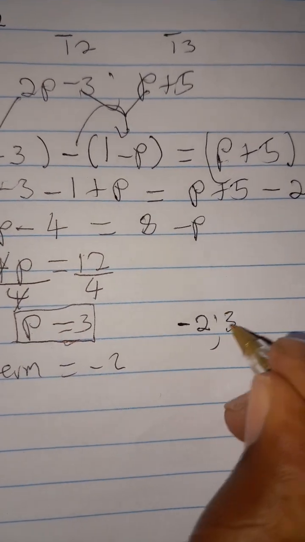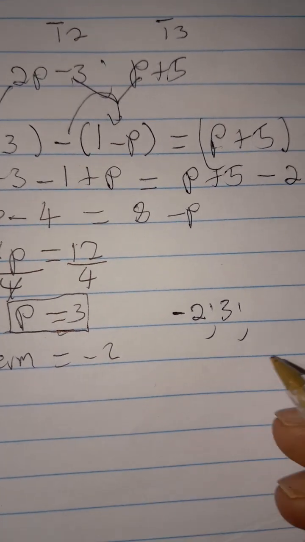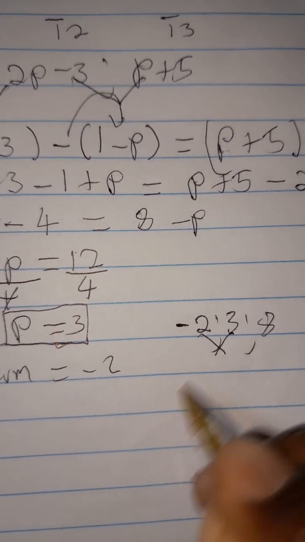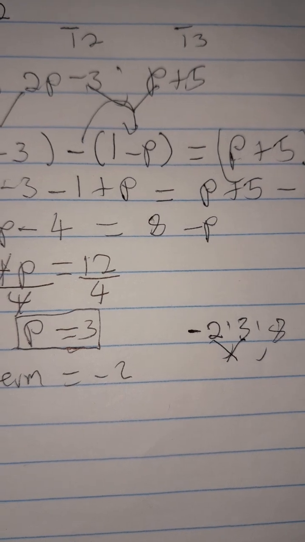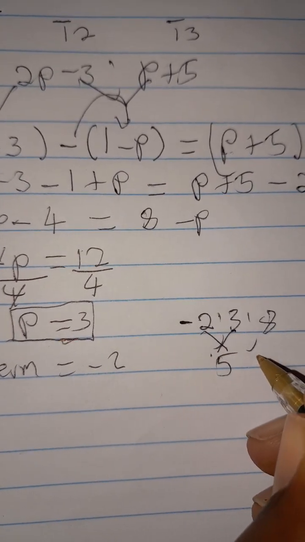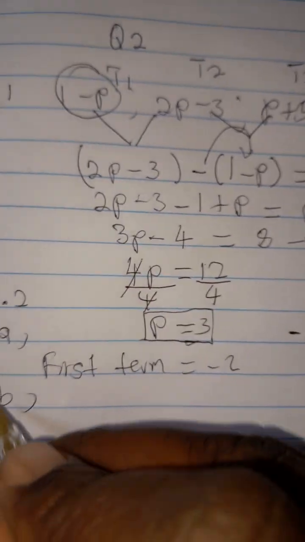So we are going to have 3 here. As well as we are going to say 3 plus 5, that will be 8. So let's see the difference here, which is the common difference. 3 minus negative 2, that will be 5. As well as 8 minus 3, that will be 5. So the common difference is 5 in this case.